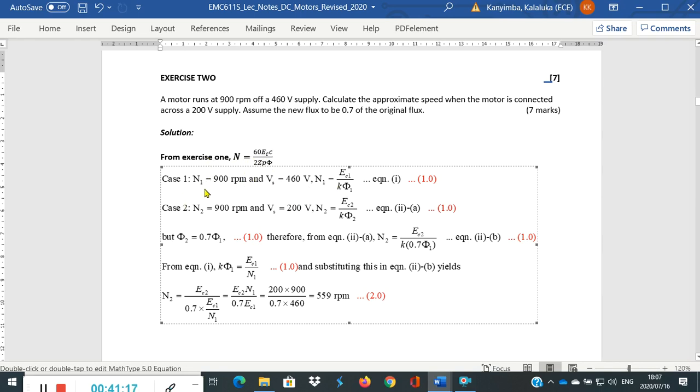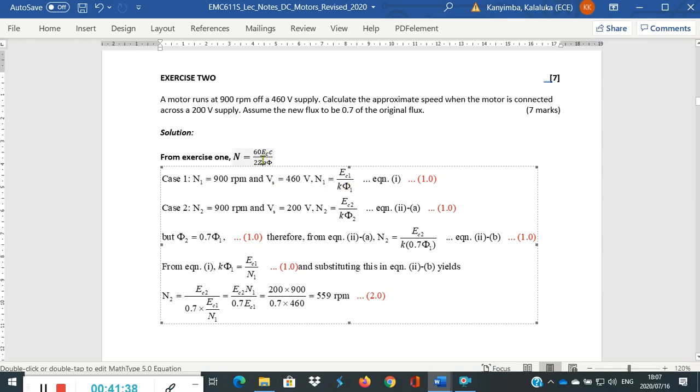Now, the first case was that the speed was 900 RPM, so let's call it N1. The supply voltage Vs was 460 volts. Let's call the counter EMF corresponding to this voltage EC1.